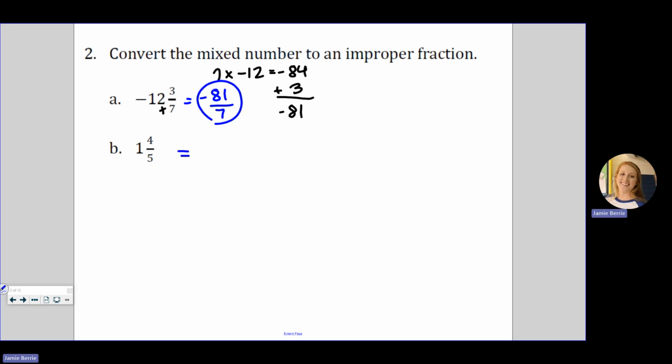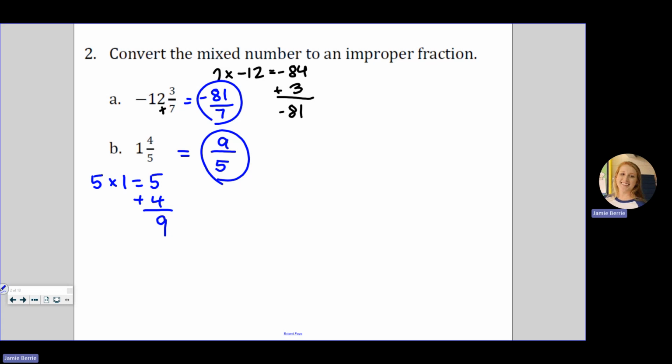So you do 5 times 1 is 5, plus 4 is 9. So that's 9 over the original denominator. That looks like an A, but it's really a 9. All right, what do y'all think about this converting?